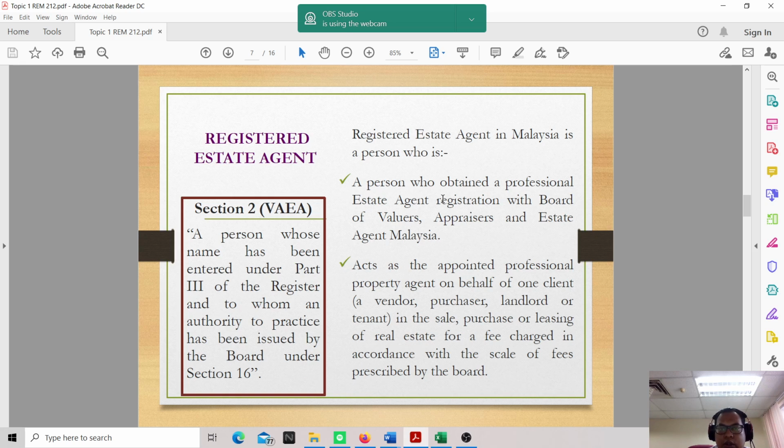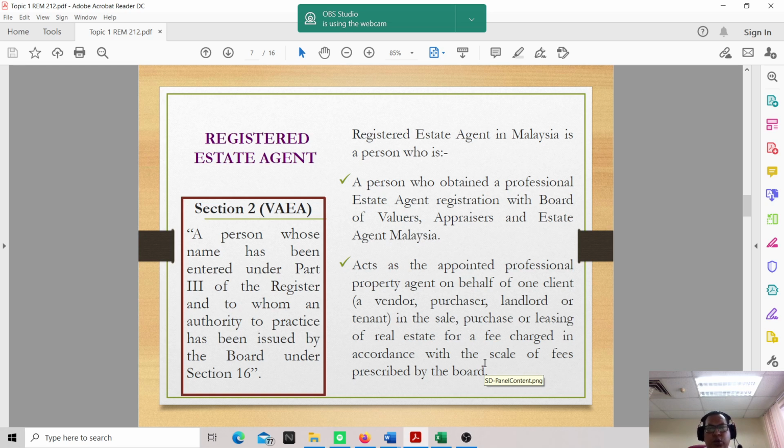In Malaysia, this is the person who has obtained a professional estate agent registration, and you can act as the appointed professional property agent on behalf of your client, vendor, purchaser, landlord or tenant, in the sale, purchase or leasing of real estate for a fee charged in accordance with the scale of fees prescribed by the board. So what is the benefit?